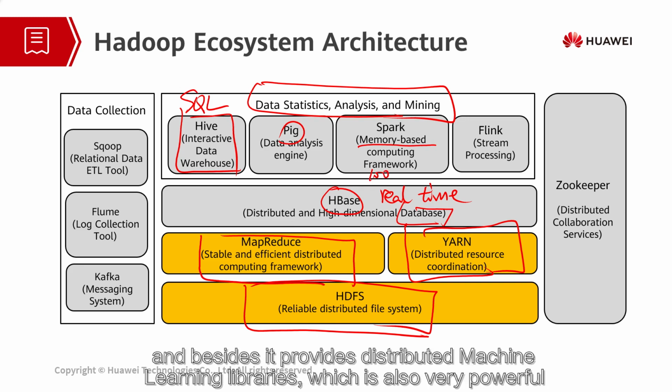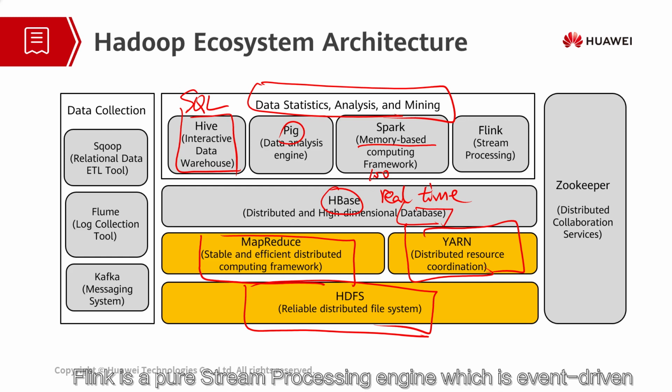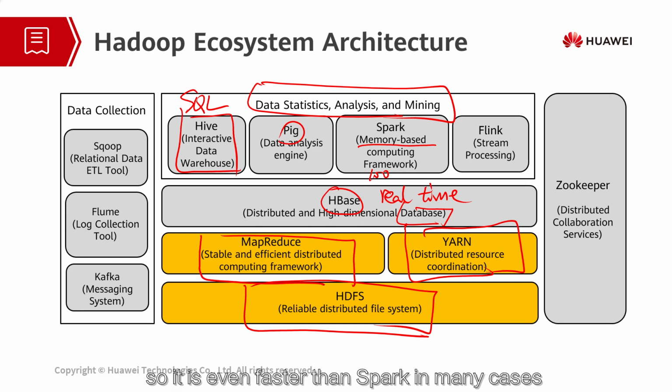And besides, it provides distributed machine learning libraries, which is also very powerful. Flink is a pure stream processing engine, which is event-driven, so it is even faster than Spark in many cases. So they are what we can use to do data analysis.